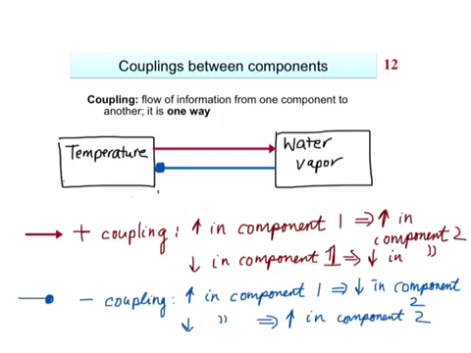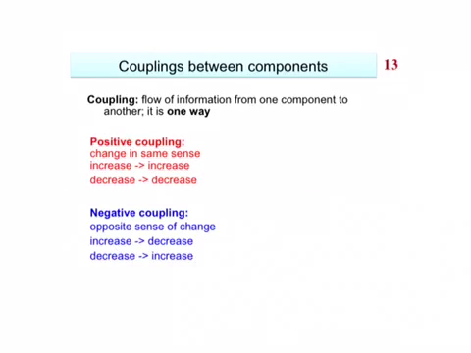Okay? So just to reinforce that, couplings are one way. A positive coupling means that a change is in the same sense. An increase leads to an increase. A decrease leads to a decrease. So again, we represent this with an arrow.